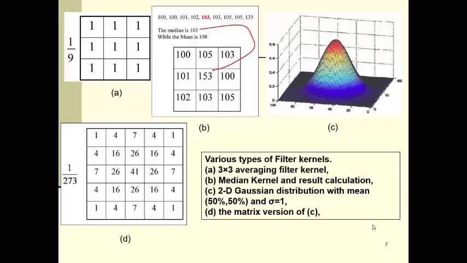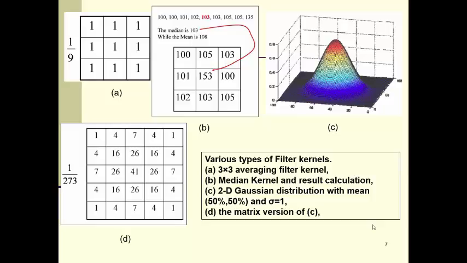Then the results of the multiplication will be added up to give me the new value of the pixel. As you can see, it is as if I am adding all of the pixels, including the pixel itself and the neighborhood, and after that dividing by the number 9, which is exactly the average, or the mean. So this is one type of filter, which is in figure A.